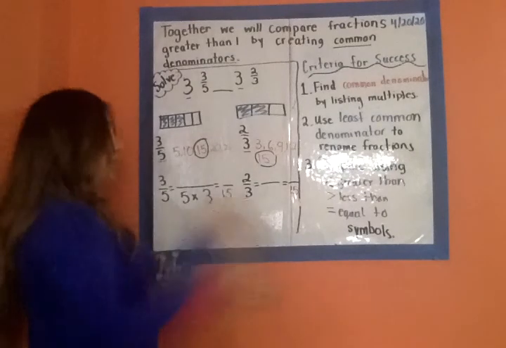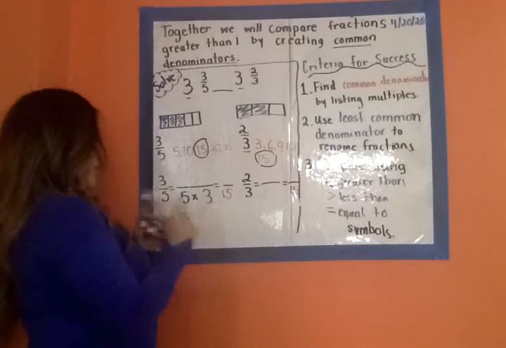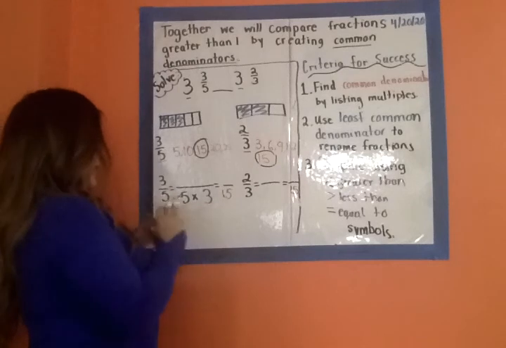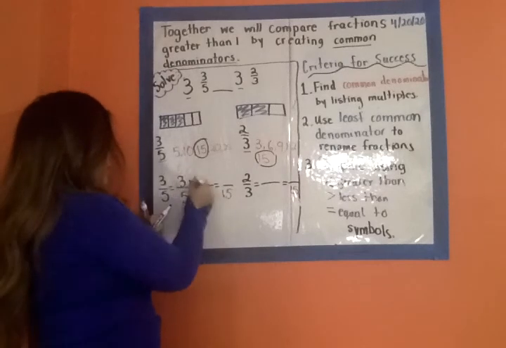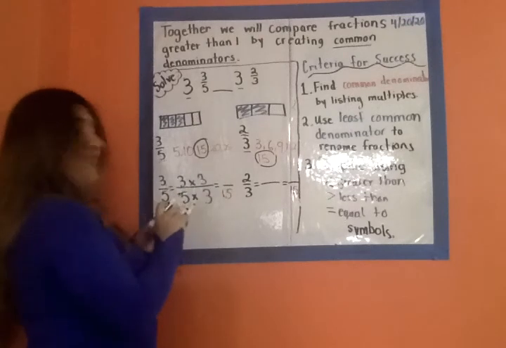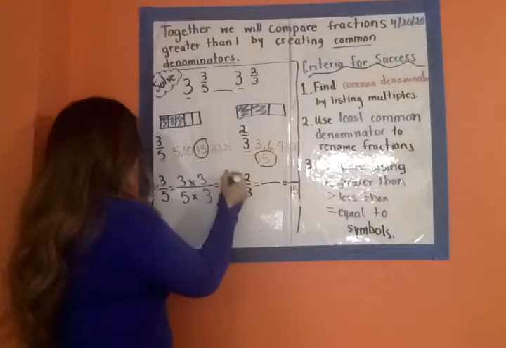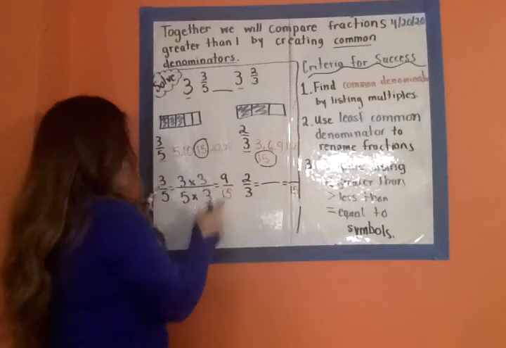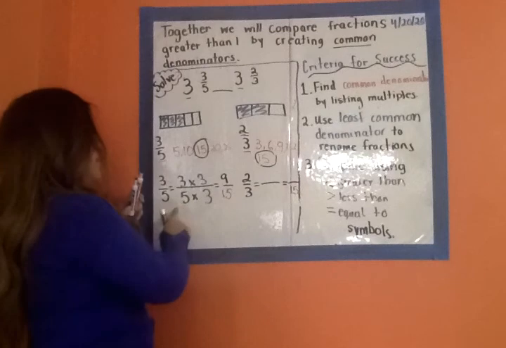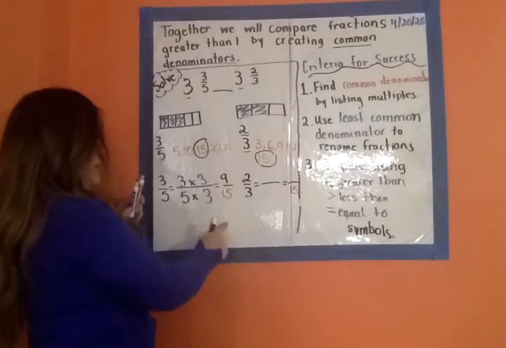Yeah, we're going to multiply the numerator by the same factor. So the numerator is 3 in this case. We multiply it by 3, and we get a product of 9. So now we have 9/15. So 3/5 is the same thing as 9/15.